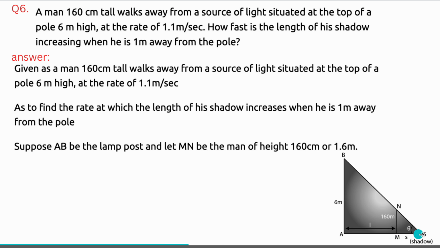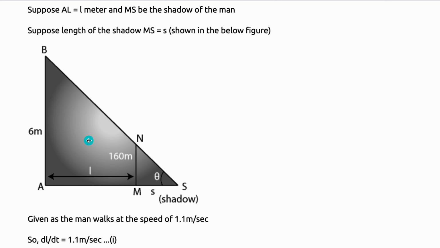So let MS be his shadow when he is 1 m away. The man's height is 160 cm, the source of light AB is 6 m, and the rate at which he is moving is 1.1 m per second. Now suppose that AL = l meters.